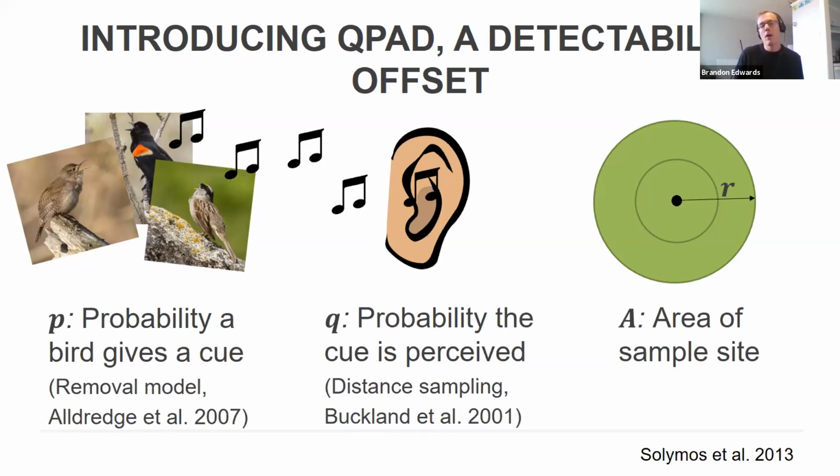So essentially how this offset works is for each species in a given survey, this offset combines an estimate of the probability that a bird sings, or at least gives some sort of cue that it's there, and we'll call this the bird's availability P, it combines it with the probability that that cue is actually detected by the observer. So we'll call that the perceptibility Q, plus information about the site's area. And so area is easy enough to sort of calculate. It's your friend and mine, pi r squared, but trying to find an estimate of P and Q is what takes some thinking.